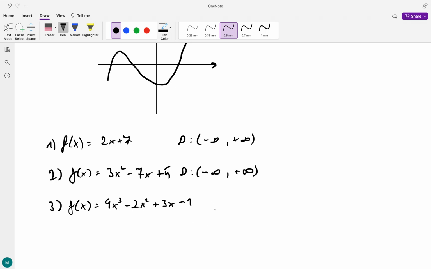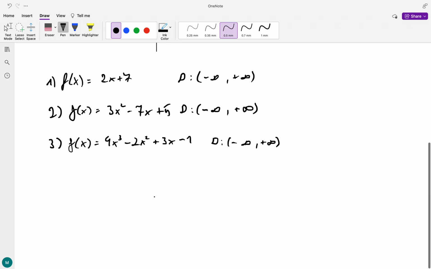Even though it's to a third degree, this polynomial does not include any fractions. So still, the domain is from negative infinity to positive infinity. So what I want you to remember is that if you have a function that's linear, quadratic, or a different kind of polynomial, the domain is always going to be all real numbers.